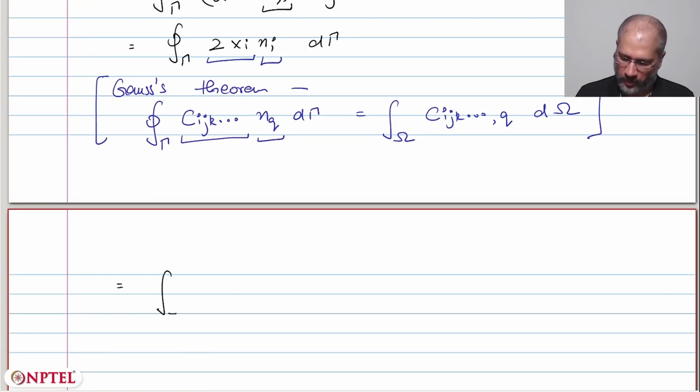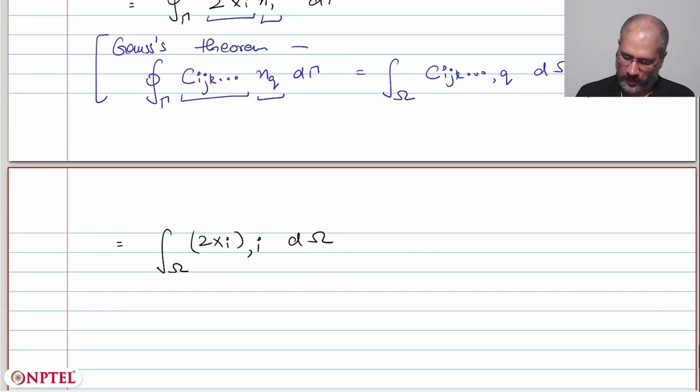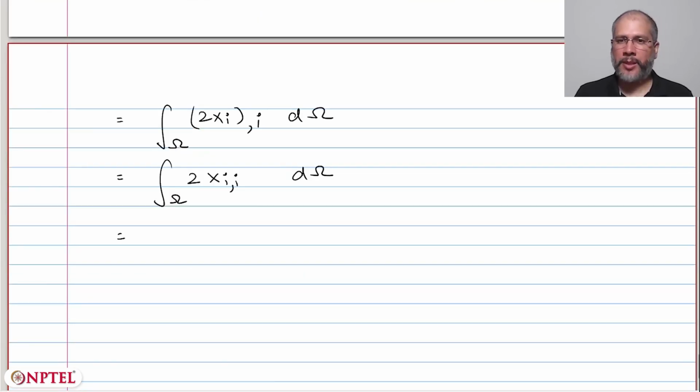Let's see what we get on the right hand side. So this becomes a volume integral, and then we have the quantity C, which is 2 times xi, and then you differentiate that with respect to q, but this time q is actually equal to i. So we are using a special case, so this becomes comma i times d omega. So let's expand or open the bracket. So this is 2 times xi comma i. Now what is xi comma i?